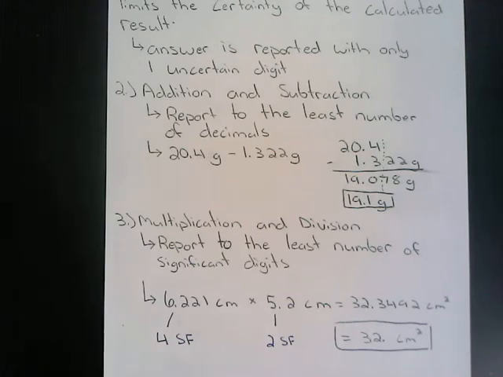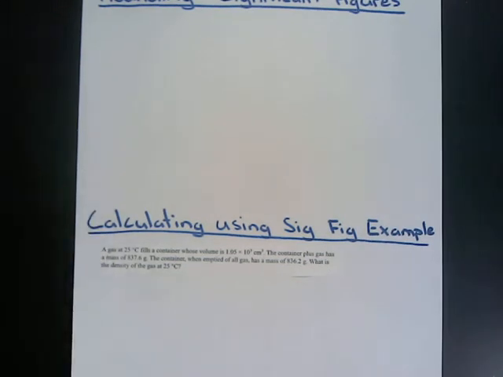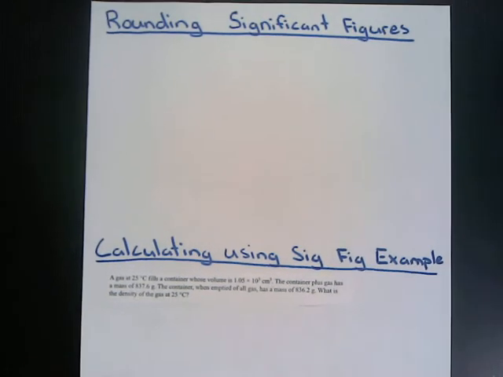Okay, so we need to talk about rounding, which I already got into, so I'll just quickly go over those rounding rules. We'll try out a calculation, and then we will go to our last portion of these notes. So again, just transitioning to rounding our significant figures. We've already gone over this, so we're just going to make sure we formalize our answers.